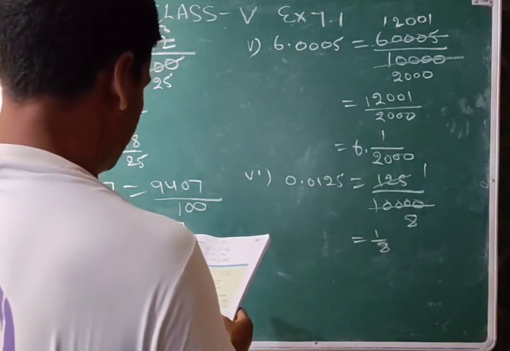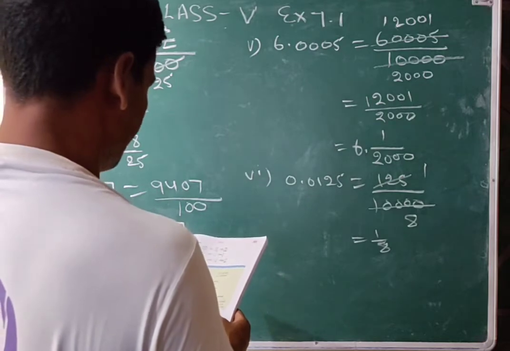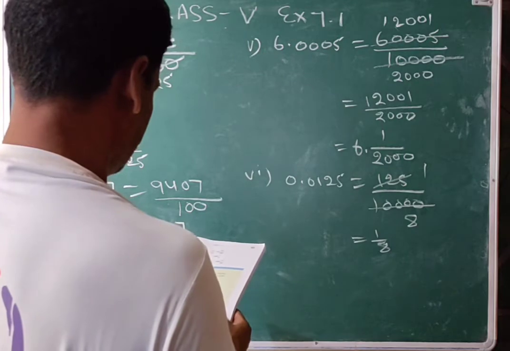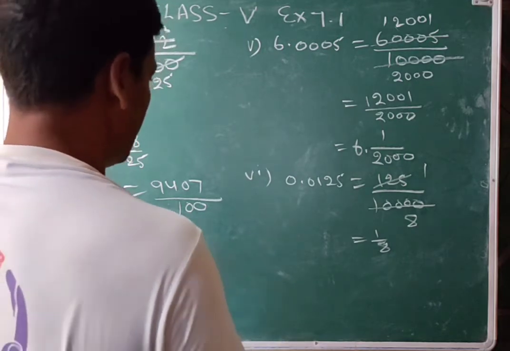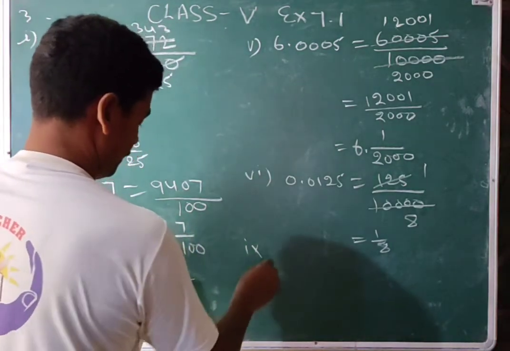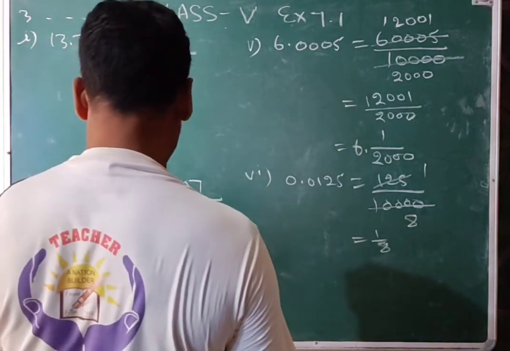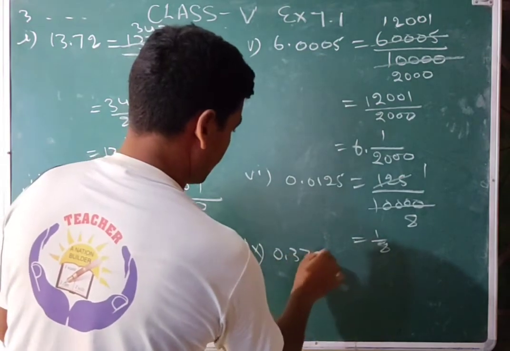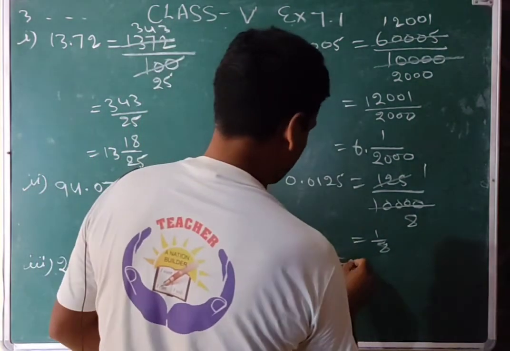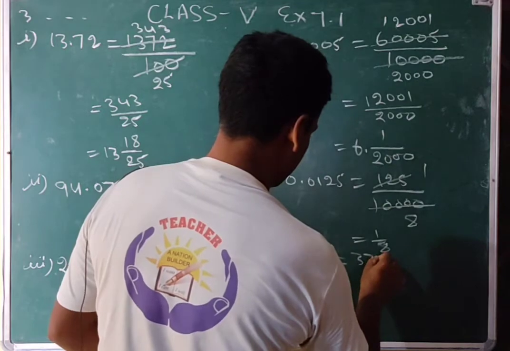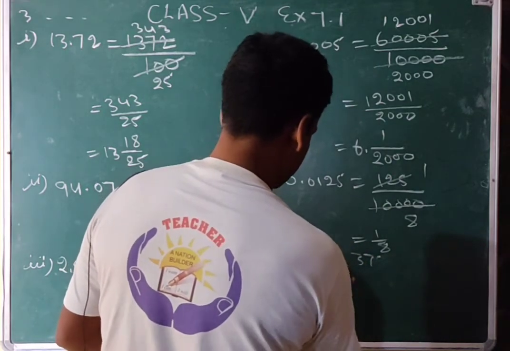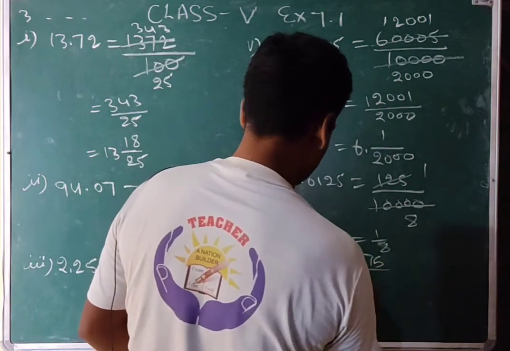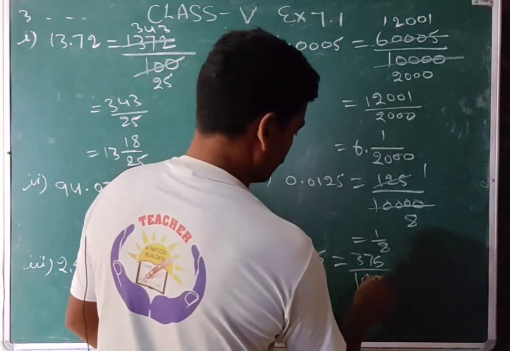And then see the part number 9. The 9th part is 0.375. 0.375 is equal to 375 upon 1000.